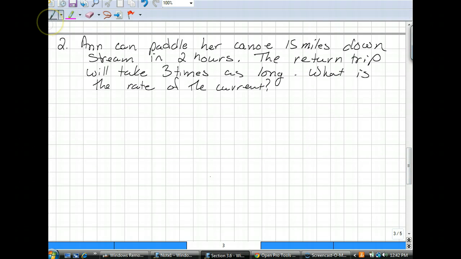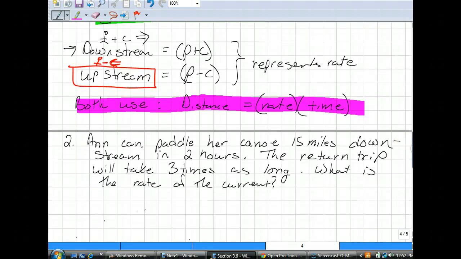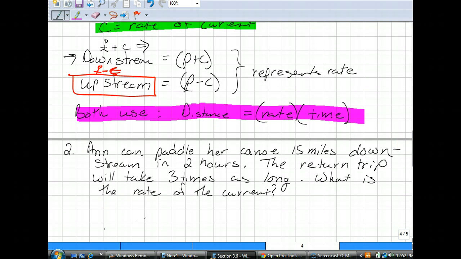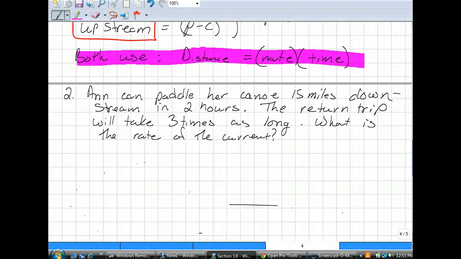Okay, the problem says Anne can paddle her canoe at 15 miles downstream in 2 hours. The return trip, meaning she's going upstream, will take 3 times as long. What is the rate of the current? Right?